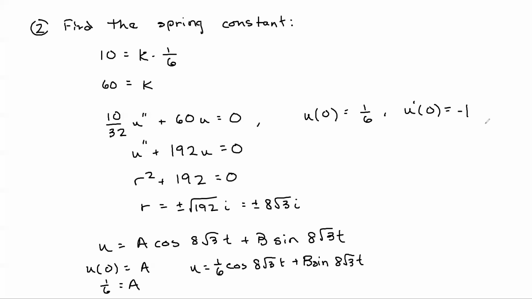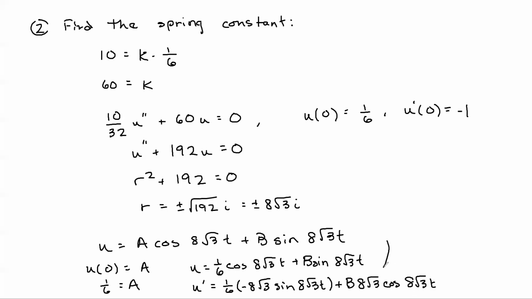To do that, you could use our second condition. So we can find u prime. What's that going to be? We're going to have 1/6 times negative 8√3 sine 8√3t, and then we'll have B times 8√3 cosine 8√3t.